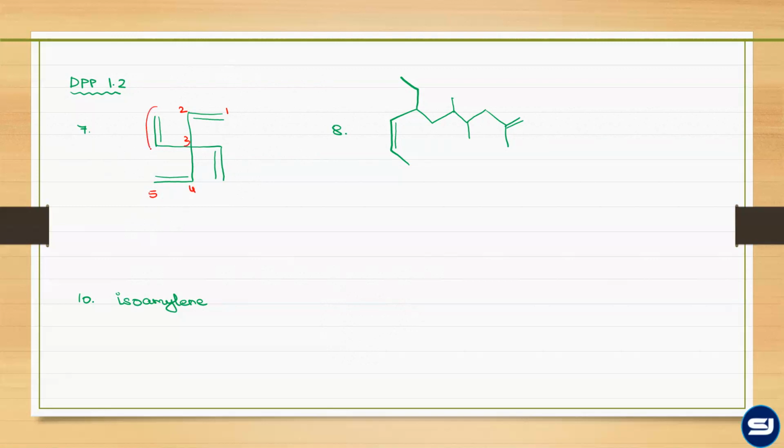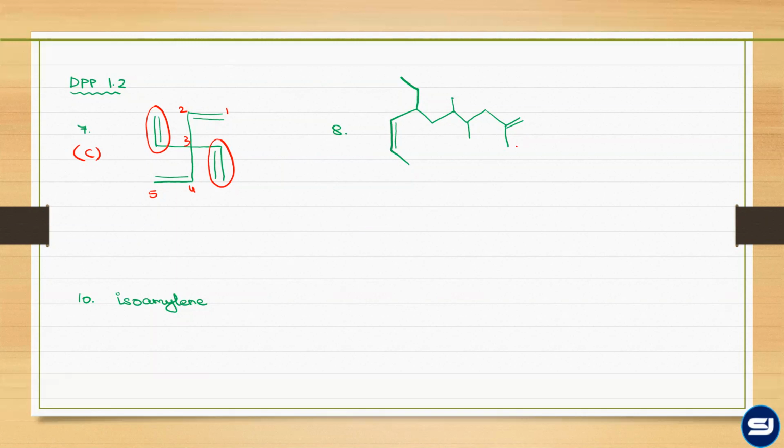And this substituent would be called ethenyl, vinyl in the common name, ethenyl in the IUPAC. So it will be 3,3-diethenyl penta-1,4-diene. So the correct answer is option C.